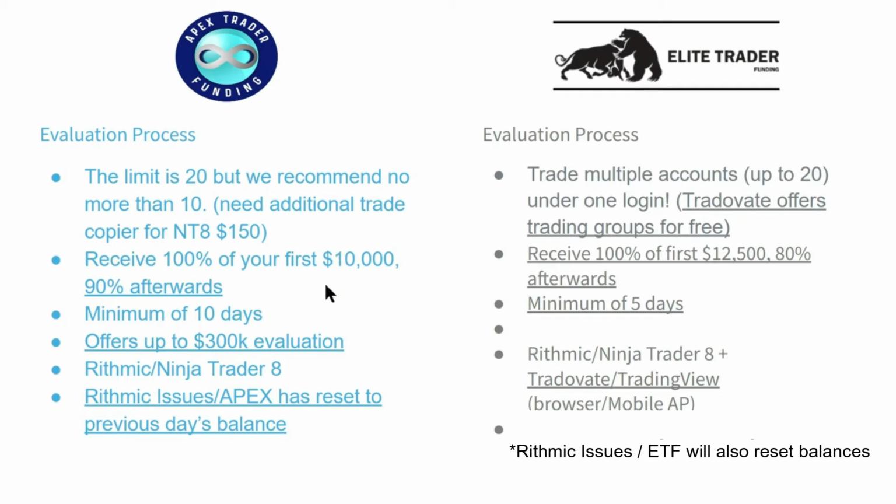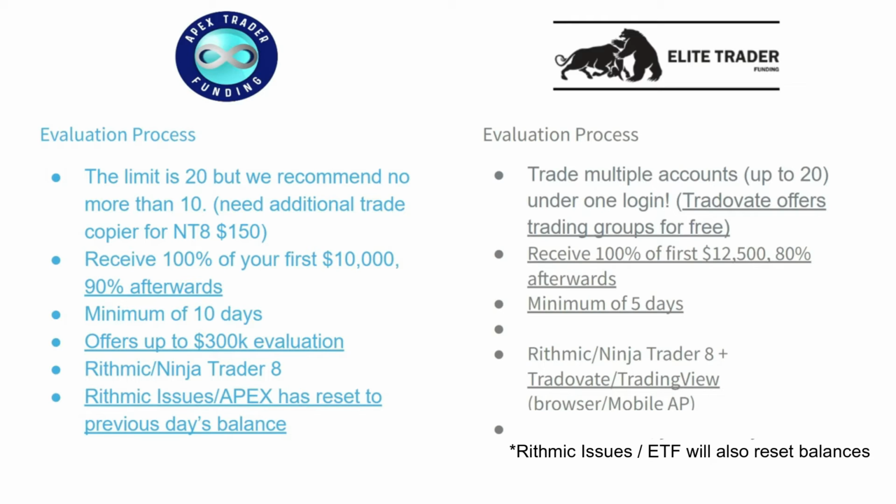All right, next point. With Apex Trader Funding, you will receive 100% of your first $10,000. With Elite Trader Funding, you receive 100% of your first $12,500. You get a little bit more.